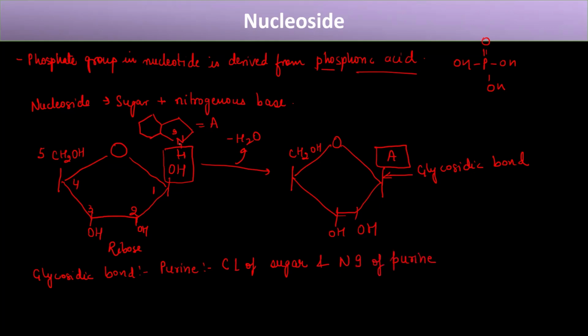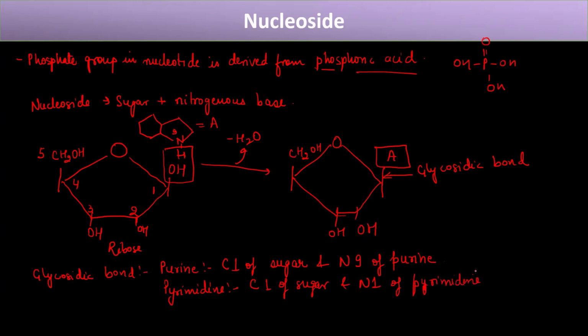Even if it has guanine, the bond will be formed between carbon 1 of the sugar and nitrogen 9 of the purine. In the case of pyrimidine, this will change. The bond is formed between carbon 1 of the sugar and nitrogen 1 of pyrimidine.